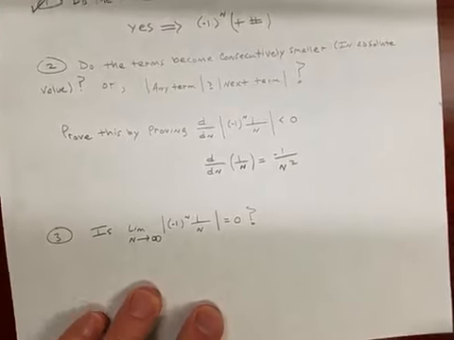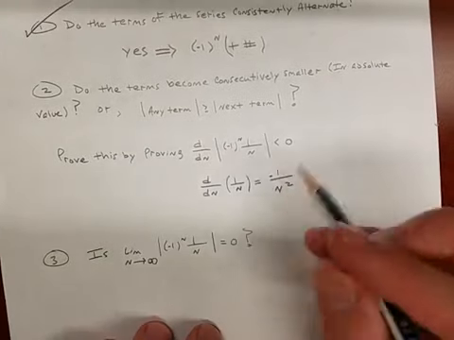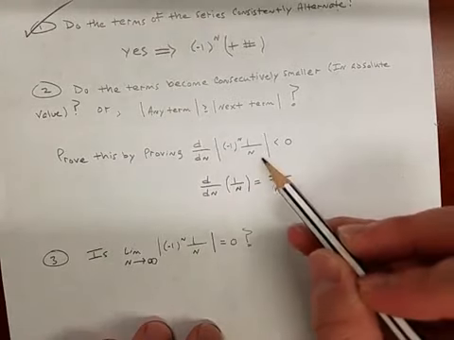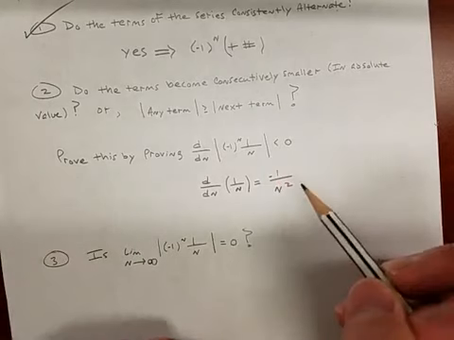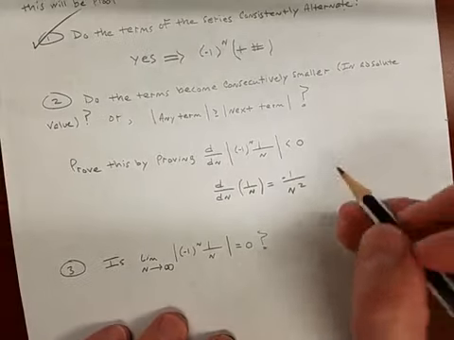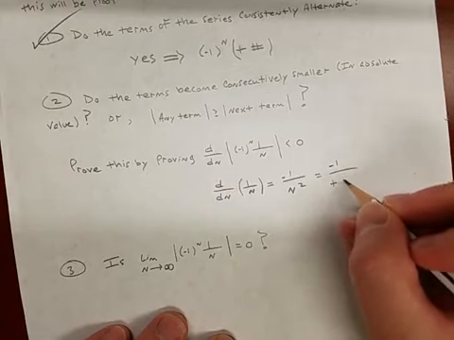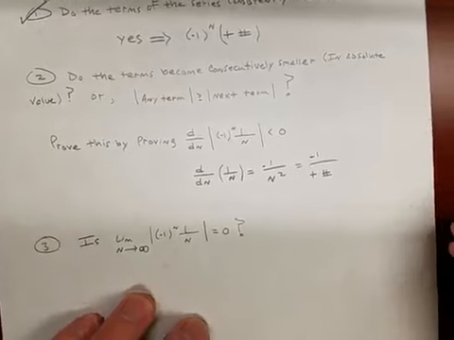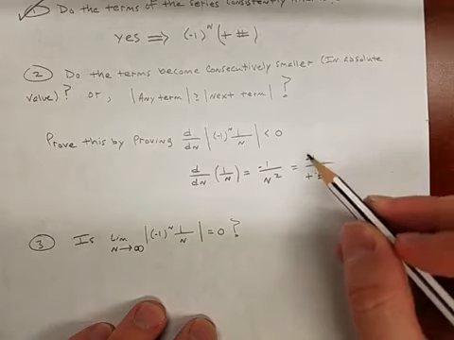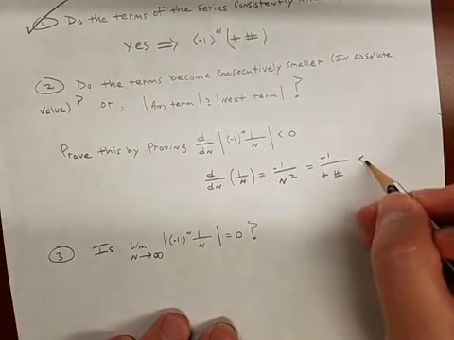Okay. So there's your derivative. Now, do you have reason to believe that this is in fact negative? What kind of number is negative 1 over n squared? It's negative 1 over a positive number. And what kind of sign does that have? Well, that's got to be negative.